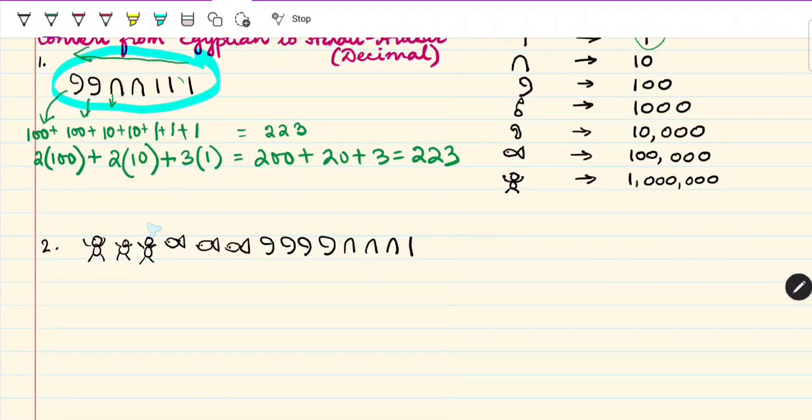So this is a good way to find the answer quickly if we have a very large number to convert. All right, so for example, over here in example 2, we have a long series of numerals. So in this case, it'll be faster and easier if we just use the multiplication system. Although the Egyptian system does not allow multiplication, just for our convenience, when converting from Egyptian to the decimal system, it'll be quicker because multiplication is the same as adding multiples of a value, isn't it?